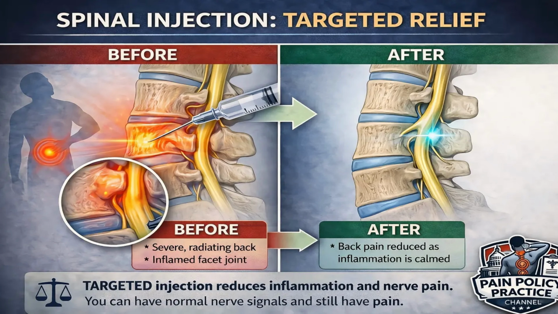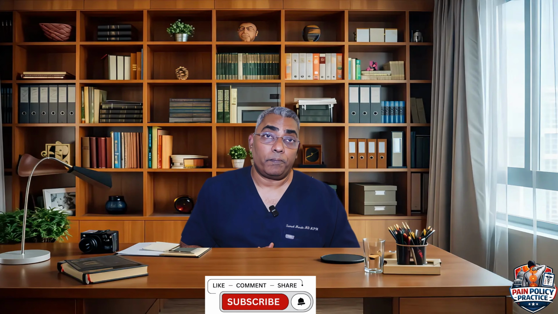The relief must be significant, reproducible, time appropriate, but be careful of limitations such as placebo effect and spread of anesthetic. Diagnostic blocks do not address other pain generators where patients have multiple pain sources. And diagnostic blocks are certainly not decision tools. They're not treatment endpoints, and they're certainly not the final answer, but they're very good tools in understanding the pathology.